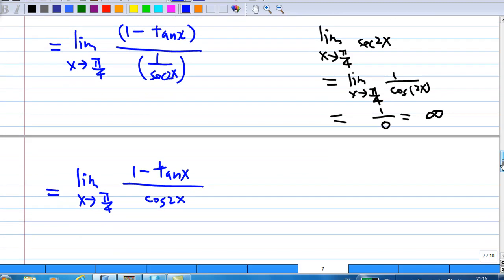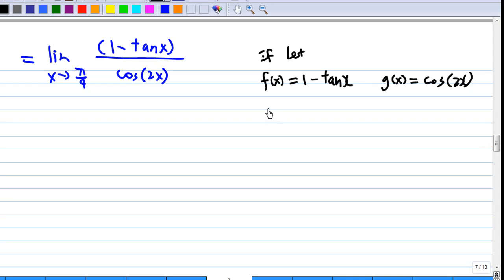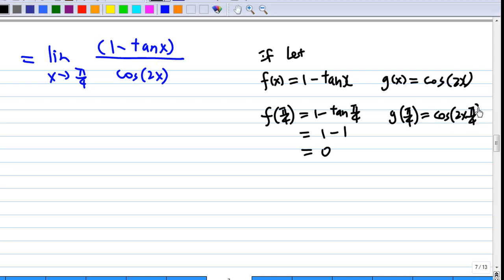So you can check that if you let f of x equal to 1 minus tangent x, g of x equal to cosine 2x, then at pi over 4, f of pi over 4 is 1 minus tangent pi over 4, which is 1 minus 1, equal to 0, and g of pi over 4 is equal to cosine of 2 times pi over 4, which is cosine of pi over 2, which is also 0, and both f and g are continuous and differentiable at pi over 4.